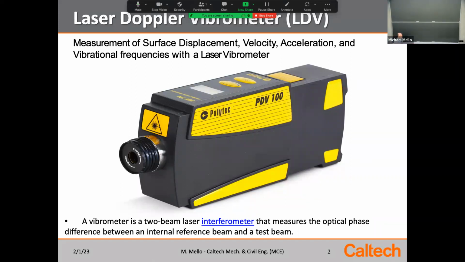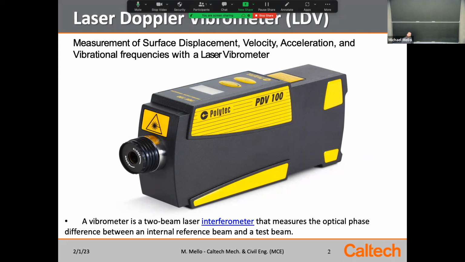Thanks. This tool right here is a base model that Polytec offers. The goal of a lecture like this would be to have you understand what's going on inside that box. That box shoots a laser beam out to a surface of interest and probes its motion.